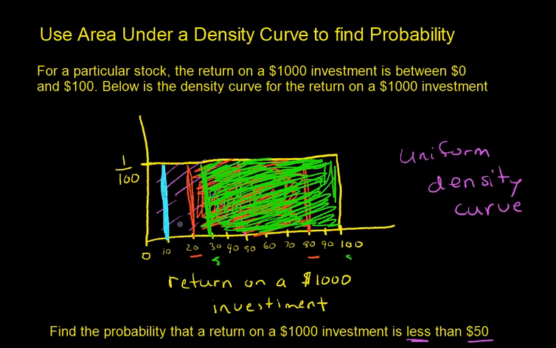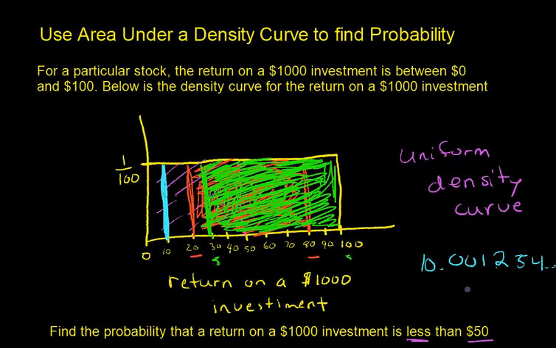This is a very interesting thing. What's happening is X can take any value between 0 and 100. X is continuous, so X can take the value 0.001, 2, 3, 4, 8, and so forth.